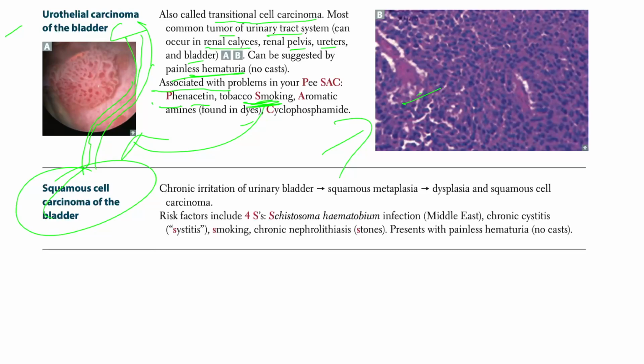So they resemble normal urothelium, but with irregular architecture, and you will see hyperchromatic nuclei. You can see a lot of blue hyperchromatic nuclei, atypical mitosis will be seen, and pleomorphism will also be seen. So this is the histopath of a urothelial carcinoma.